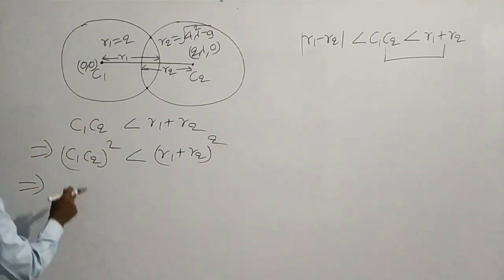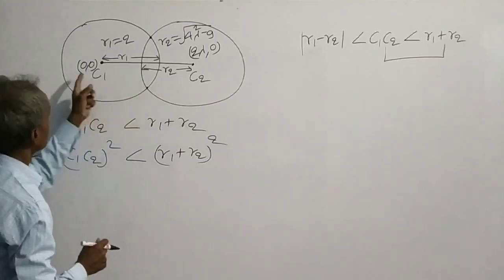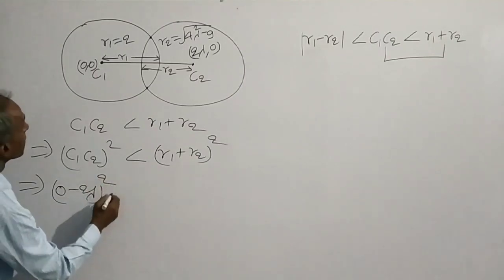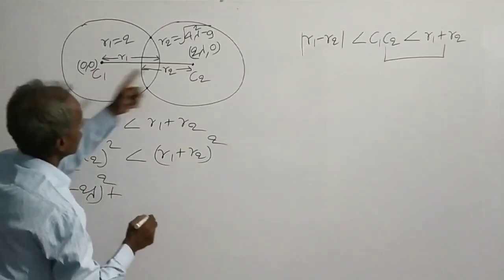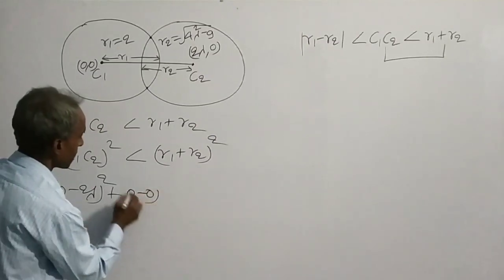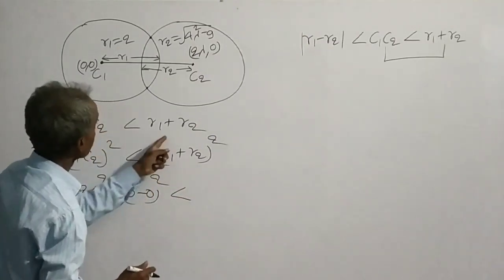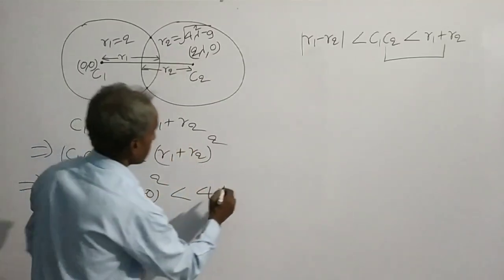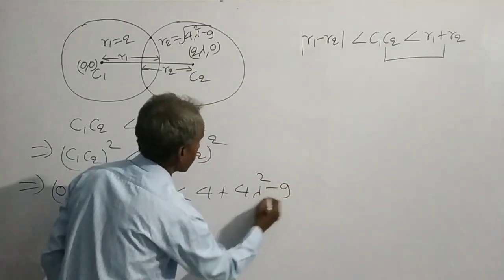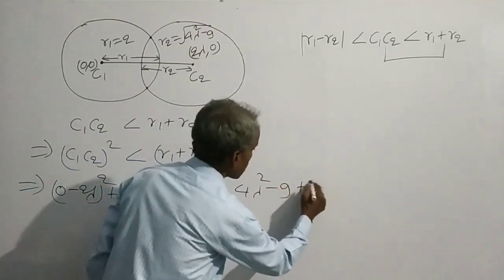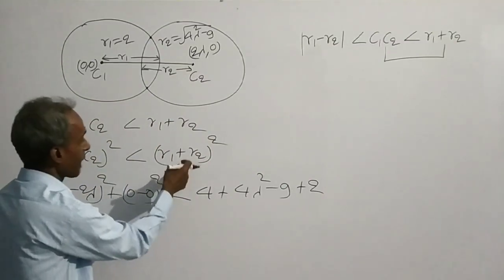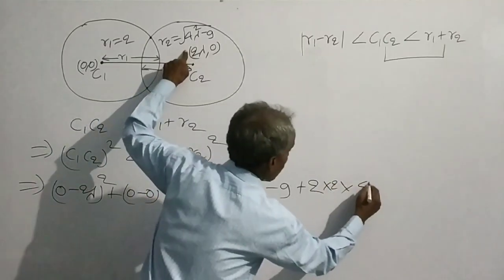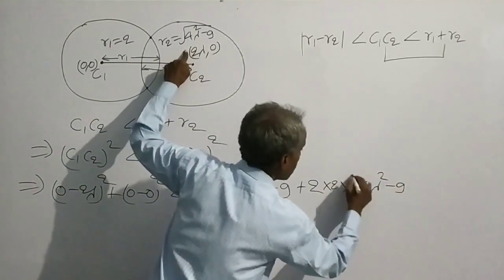This implies distance between C1 and C2, 0 minus 2 lambda square plus 0 minus 0 square, less than R1 square means 4, R2 square means 4 lambda square minus 9, plus 2 times R1 times R2, that means 2 times 2 times root under 4 lambda square minus 9.